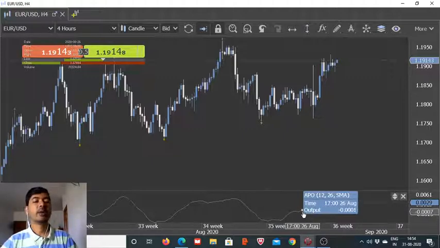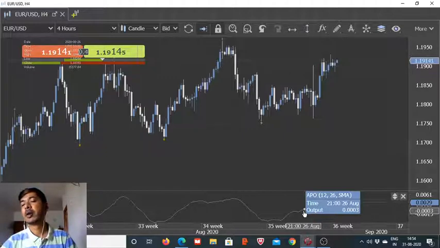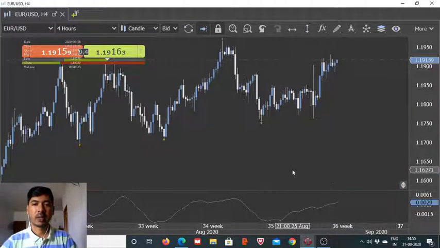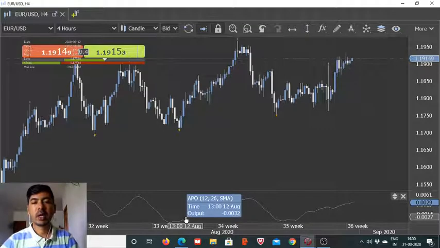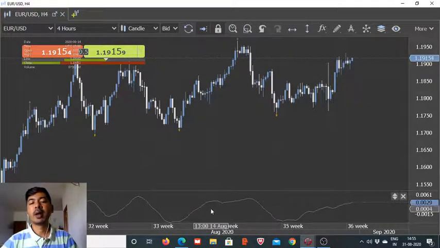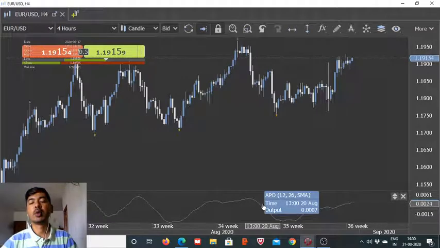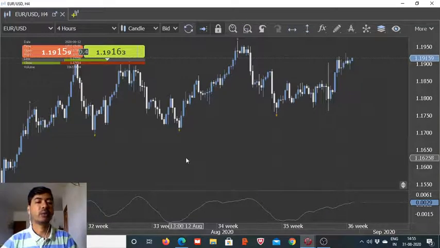So APO is giving out the output values with the lower SMA being of 12 period and the longer SMA of 26 period, and we can see that after due consolidation, we get to see these APO values shooting up, and that means the two SMAs are moving apart, and when the SMAs start to converge, we get to see these APO values starting to fall. So that's how this system works.